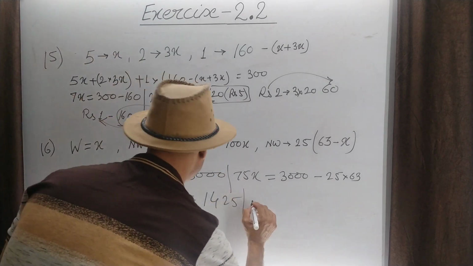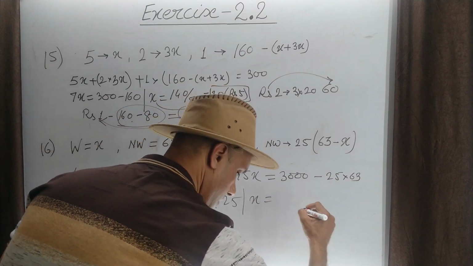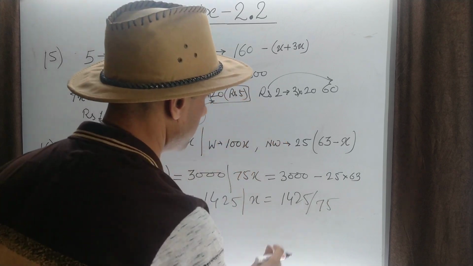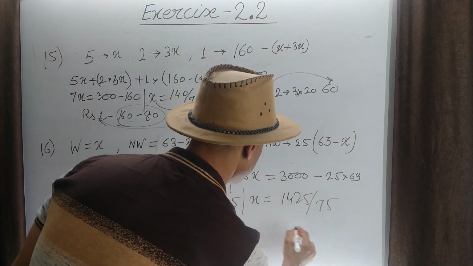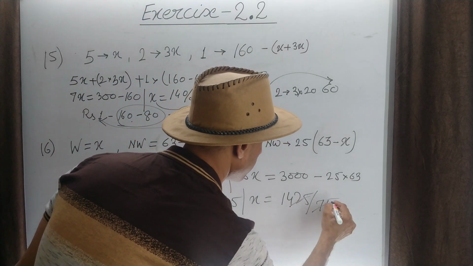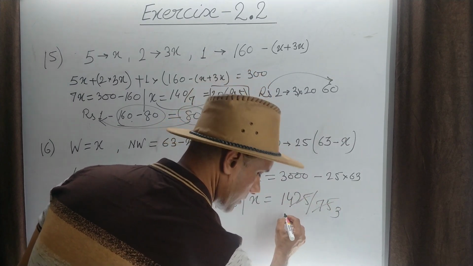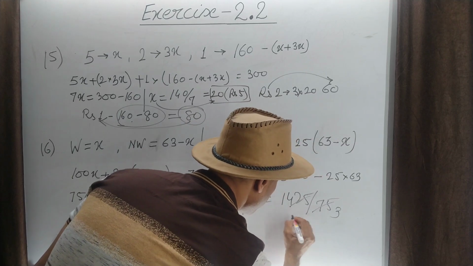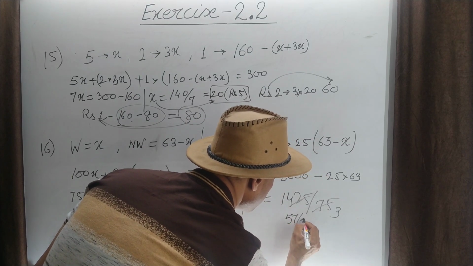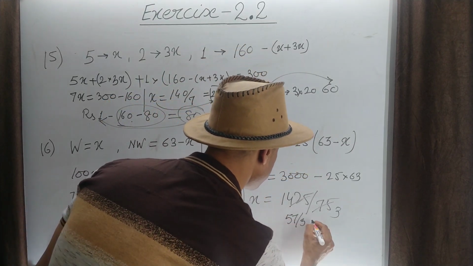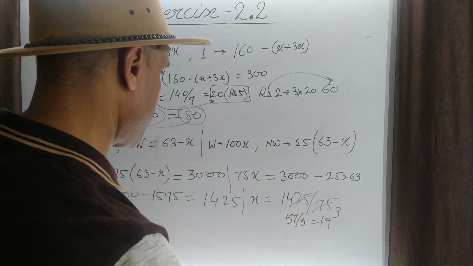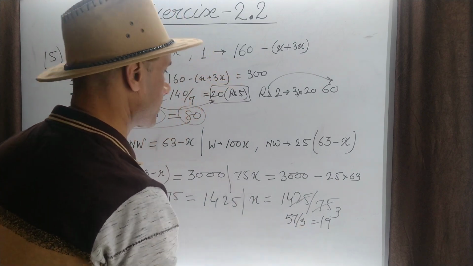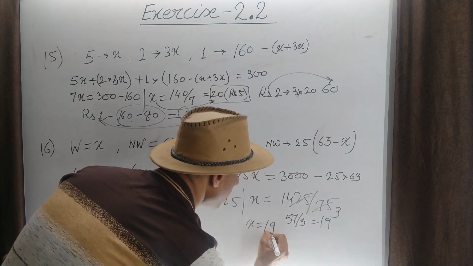So we get the value of x is equal to 1425 divided by 75, that comes out to be 19. Yes, correct. So x is equal to 19.